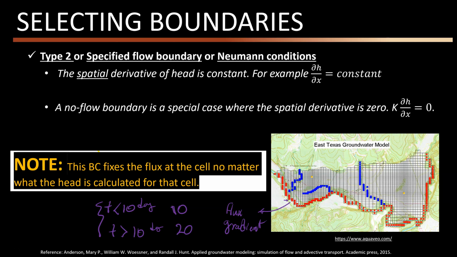Whatever is going on here, the gradient won't change in this boundary condition. Okay, a no flow boundary condition is one form of a specified flow boundary condition, but in this specific case we set the flux to 0. So it means that water cannot get into or out of the system from that point.